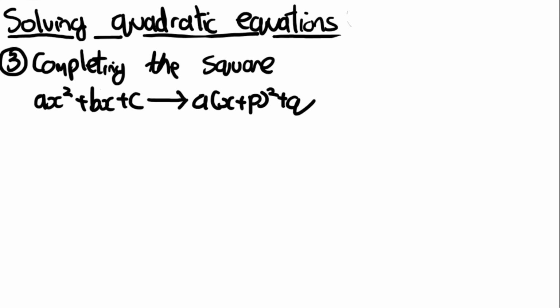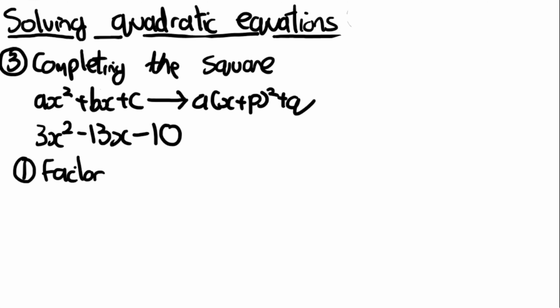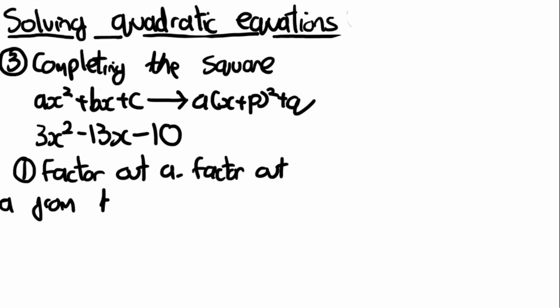So let's show how to convert a quadratic into the completed the square form. Let's use the example that we keep using, 3x squared minus 13x minus 10. We won't equal it to 0 as we're just converting it to this form. So the first step is to factor out a, and also factor out a from b.